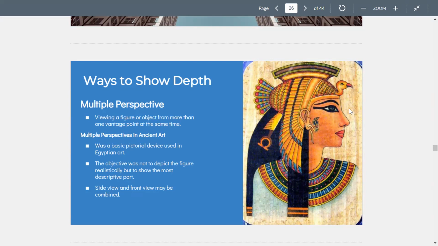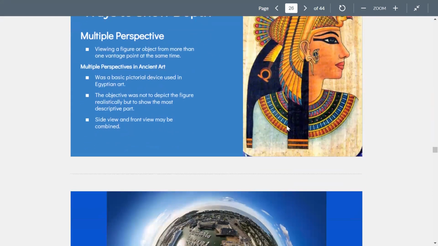When you turn like this, the eyes will not show like that. The eyes are also in front elevation, so that's why it's called the multiple perspective. This has been used in Egyptian art and also by Pablo Picasso in his artwork. He used this technique as well. It's the early stage of the Cubism movement.